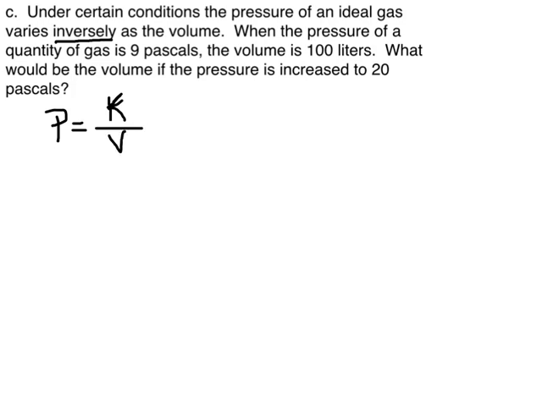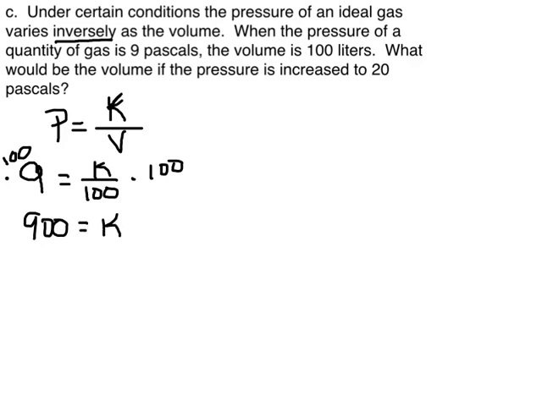Alright, the pressure in this first instance is 9, and the volume is 100. So we'll multiply both sides by 100. 900 equals K. Now we're going to start over here again.